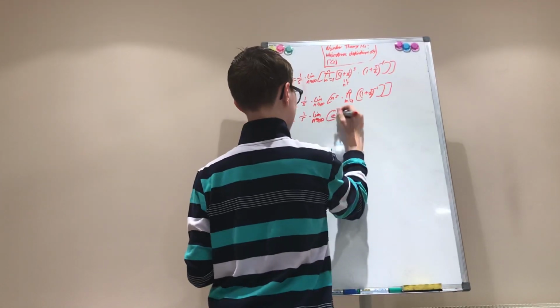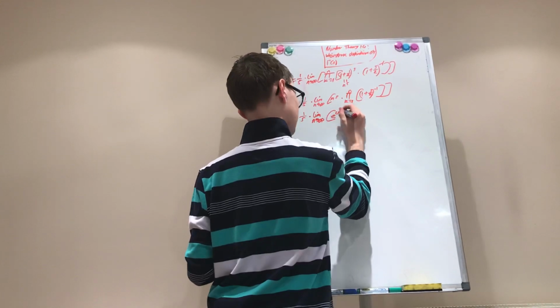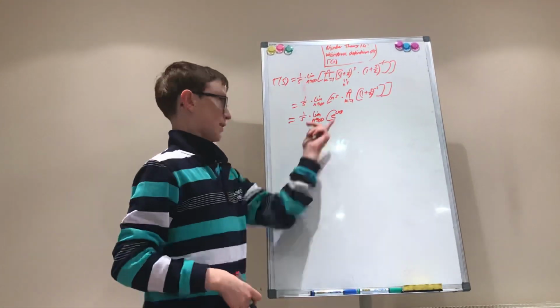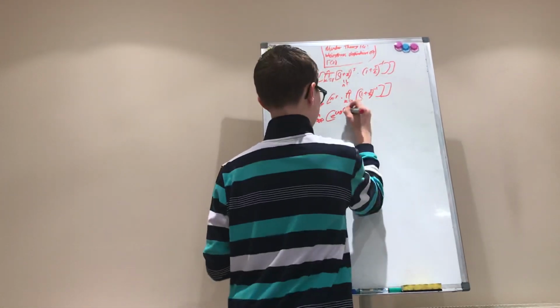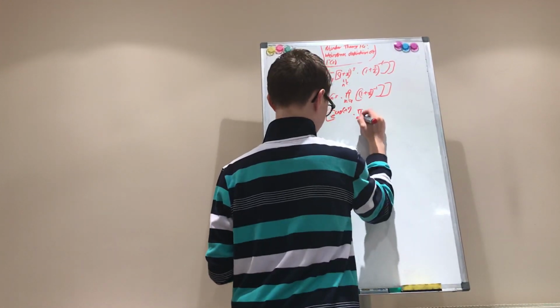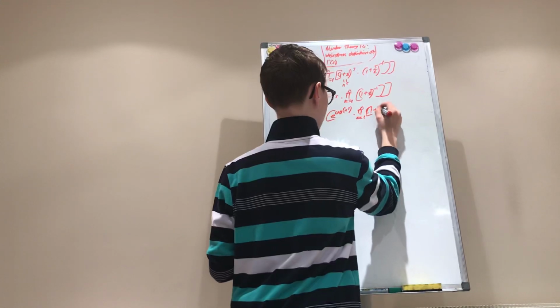Just writing it as e to the natural log. By log, I do mean natural log. It's just that the ln and the n will be confusing. So of n to the power of s times the product from k equals 1 to n of 1 plus s over k.